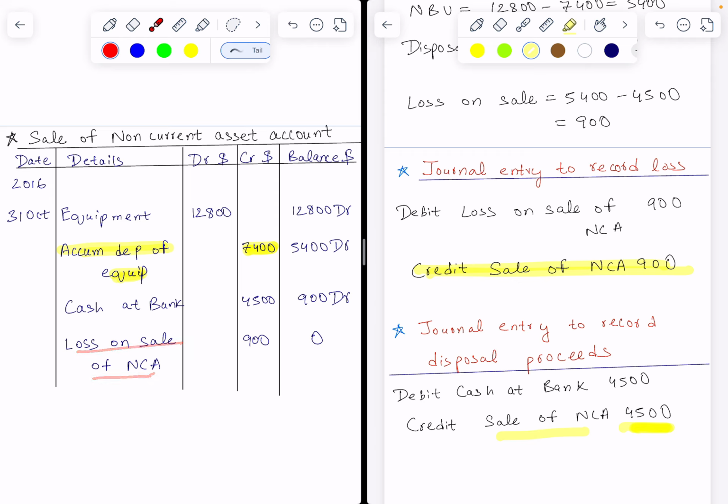And as you can see, the 900 credits here can simply offset the entire 900 debits that we had at the end of previous transaction, and we should ultimately be left with a zero balance, which should always be the case whenever you're preparing a sale of non-current asset ledger account, because if you don't have a zero balance at the end, something is wrong, okay? You have to make sure you're always ending with a net balance of zero whenever you're preparing the sale of non-current asset ledger account.